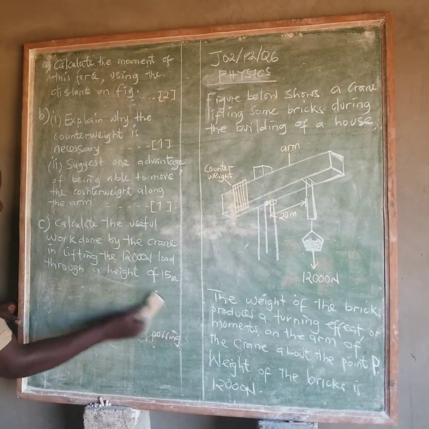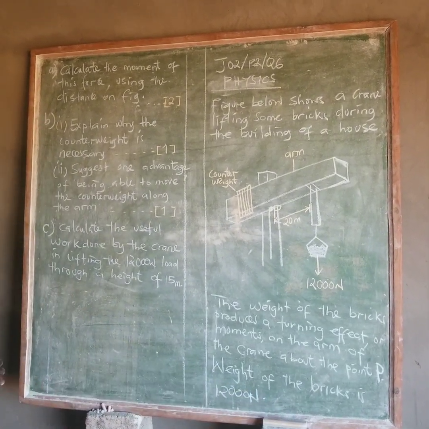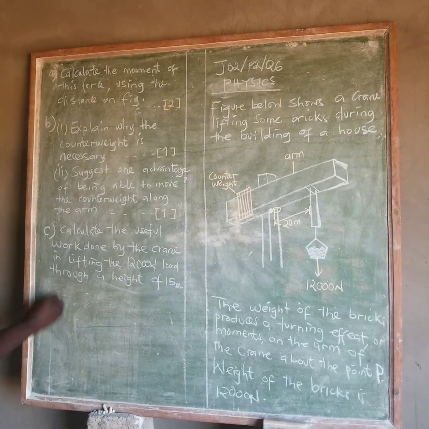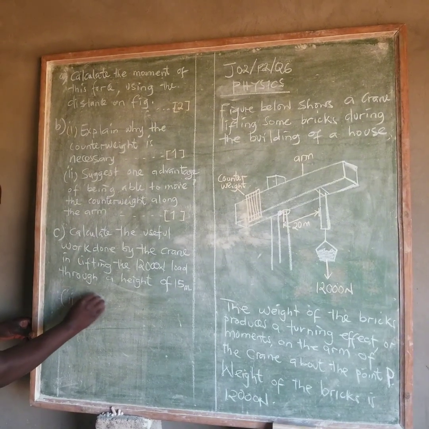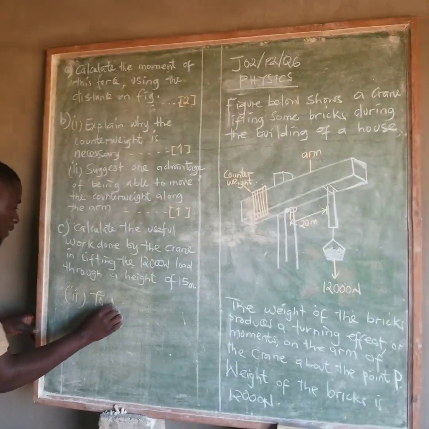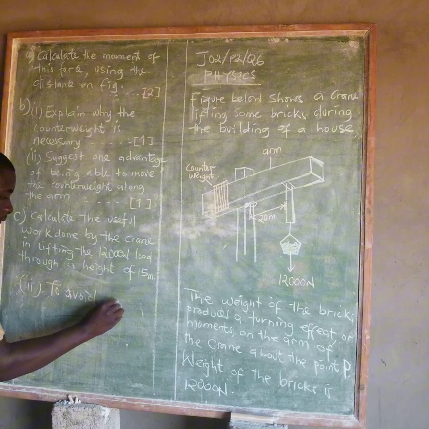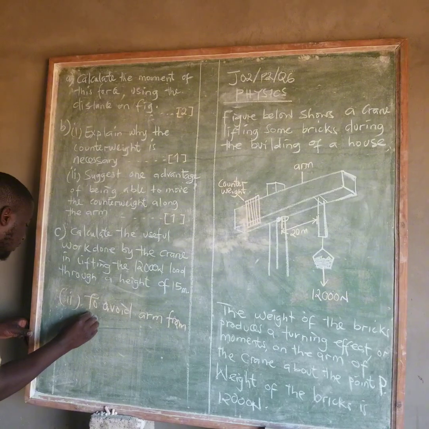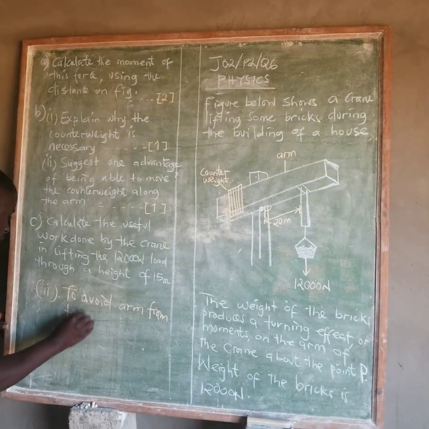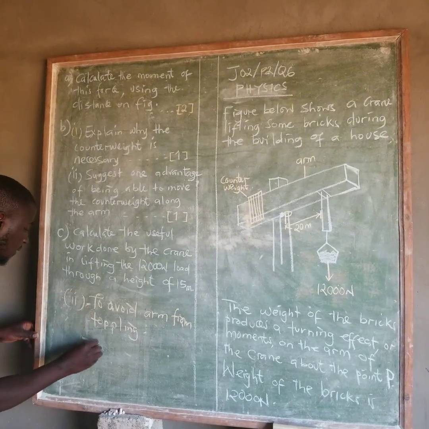So we said one advantage is to avoid the arm from toppling over, that's 1.